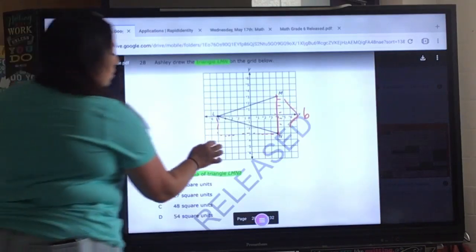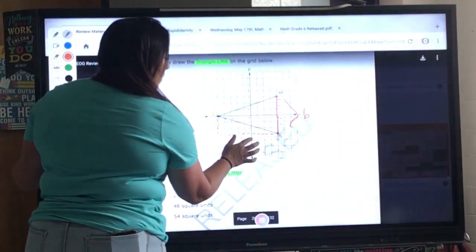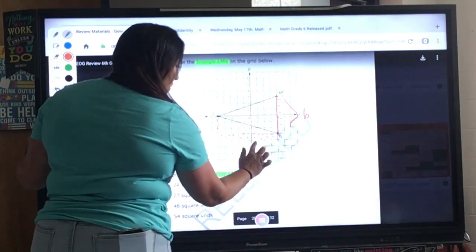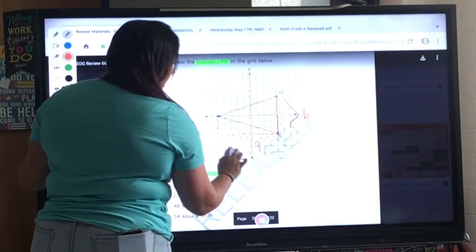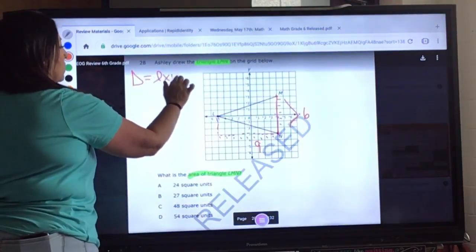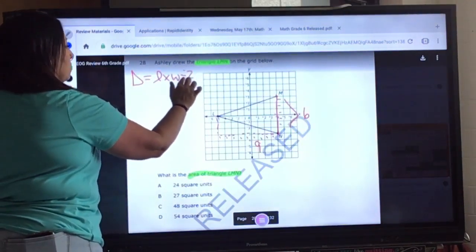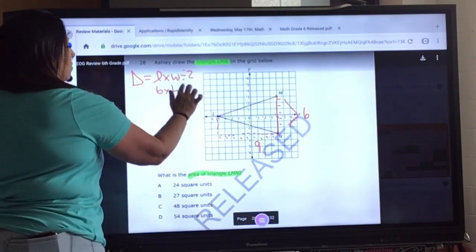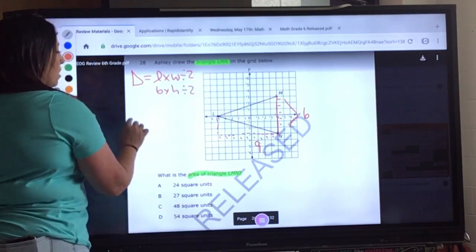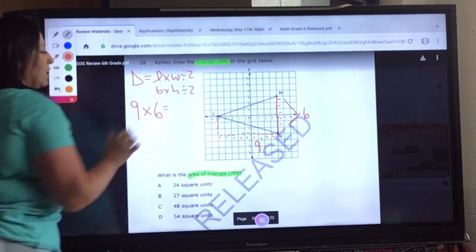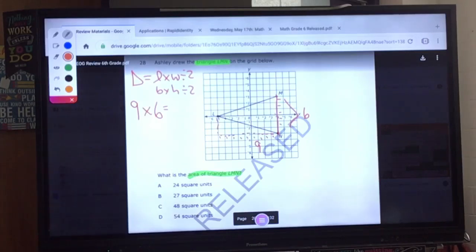Okay. L to N. 6, 7, 8, 9. So yeah, 9 here. Alright, so we know that our formula is length times width divided by 2, or base times height divided by 2. So we have 9 times 6. Raise your hand and tell me what is 9 times 6?